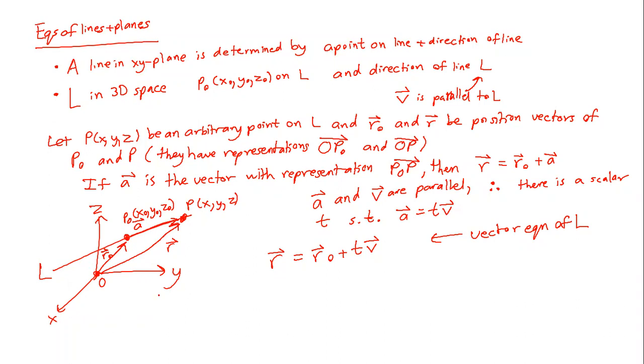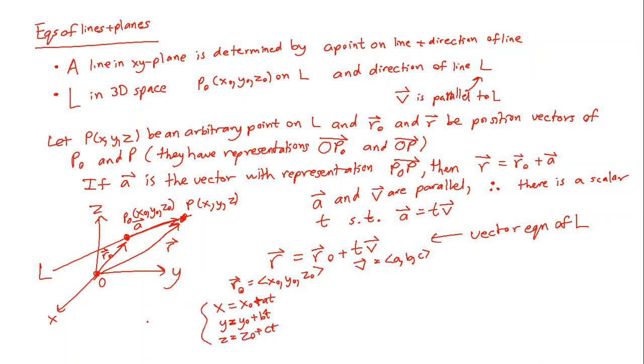And so this means that, let's say that this r0 is equal to x0, y0, and z0, and that v is equal to a, b, c, then what we can get is something like x is equal to x0 plus at, and y is equal to y0 plus bt, and z is equal to z0 plus ct.